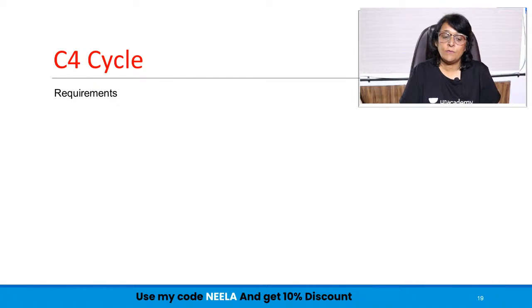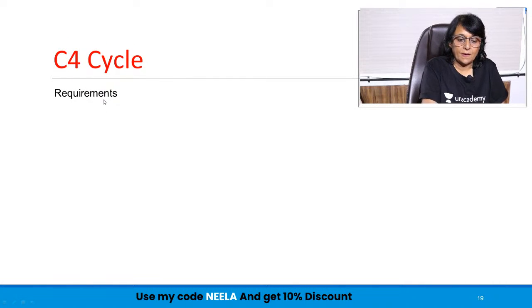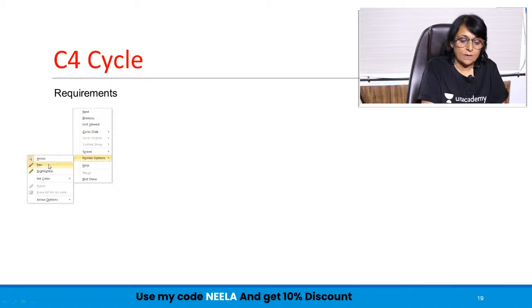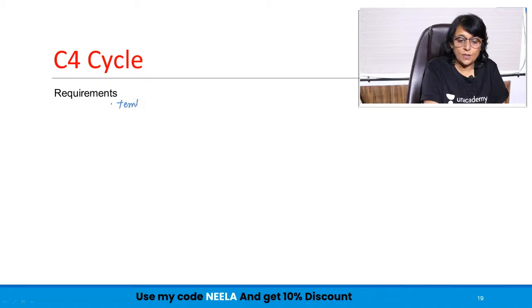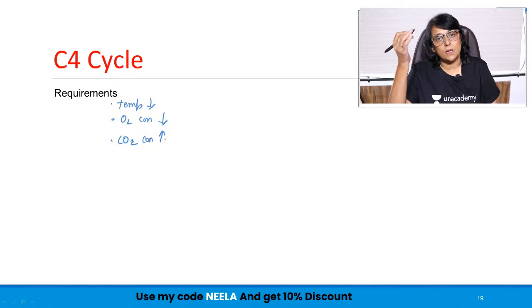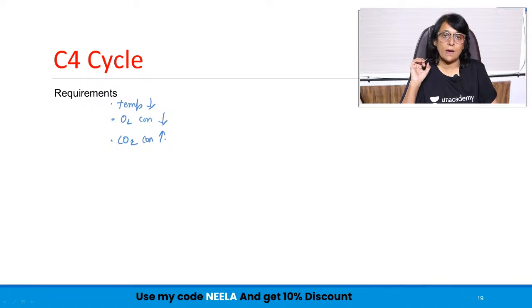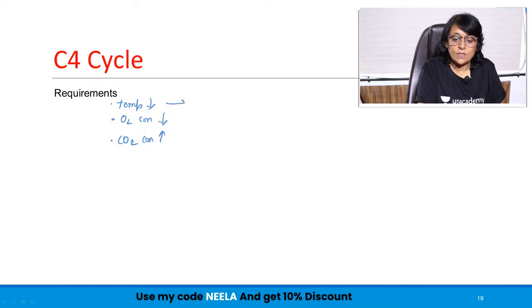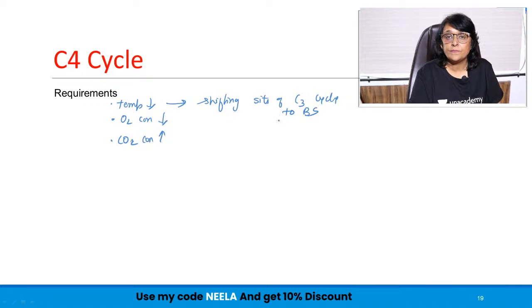What is the requirement for C4 cycle? Temperature should be low, oxygen concentration should be low, and if you have to reduce oxygen, you can do one thing. Carbon dioxide should be increased so much that oxygen automatically becomes less. How is this achieved? By shifting site of C3 cycle to bundle sheath.